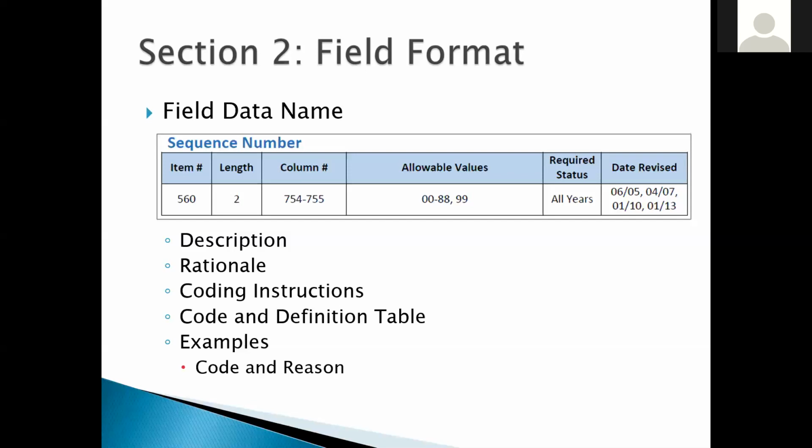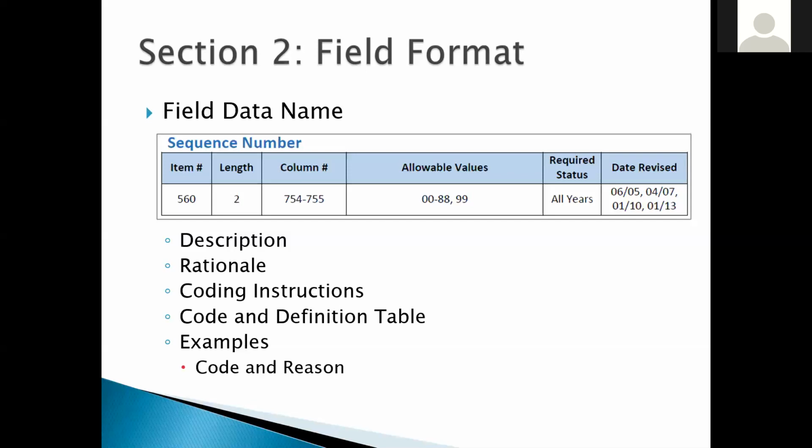Now for this data field, only codes 00 to 89 or 99 can be entered. If something else is entered, you will get an edit error, all right? So the allowed values are very important to pay attention to when you are assigning a data field code.